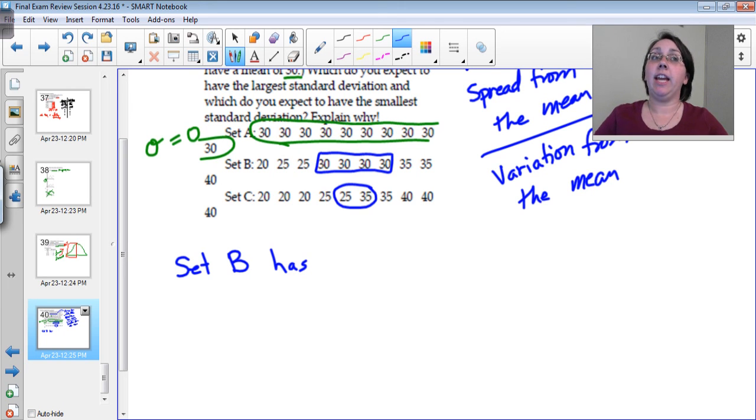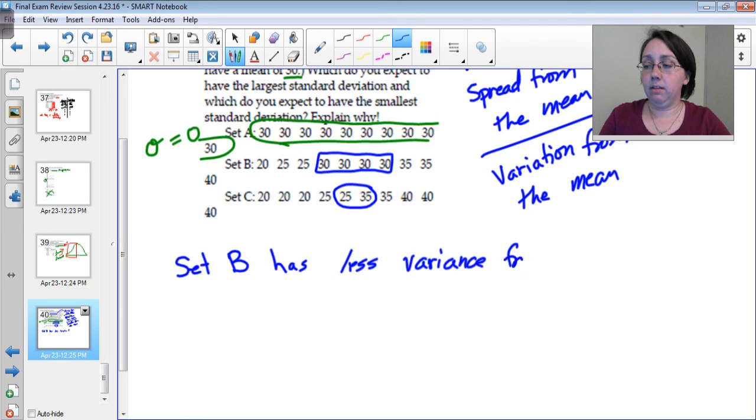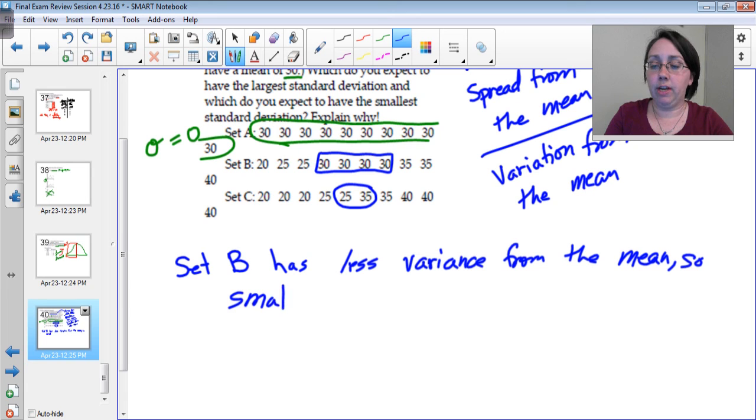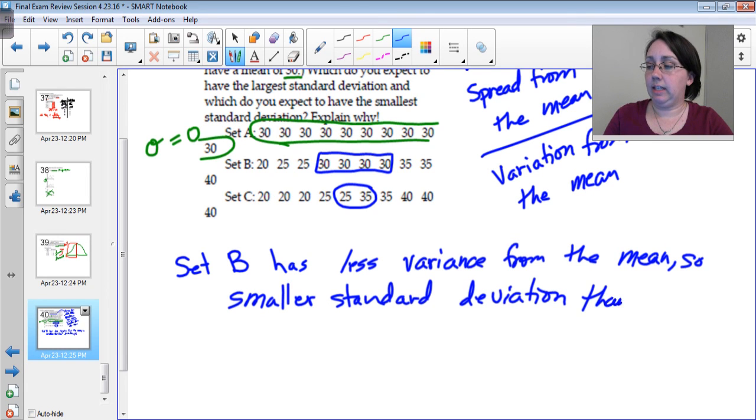We're asked to vaguely answer. What can we determine based on the data values? Very good. B has less variance from the mean. So, smaller standard deviation than set C.